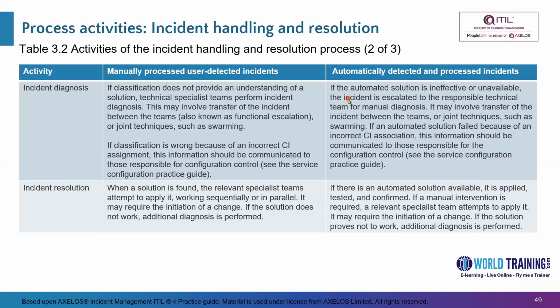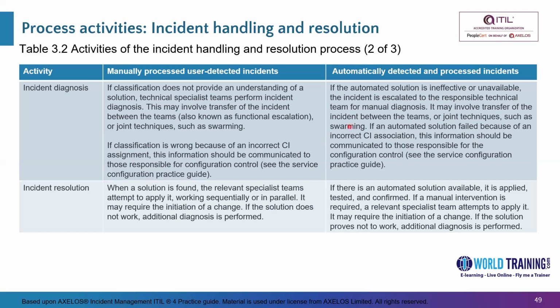In case of automatic detection, if the automated solution was ineffective or unavailable, then the incident would be escalated to a technical team for manual diagnosis. In the case of complex or major incidents, swarming can be used.